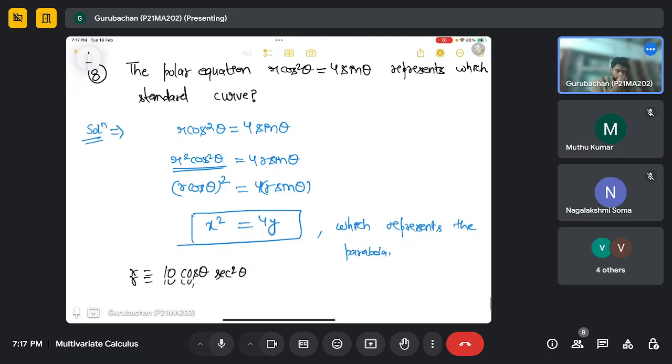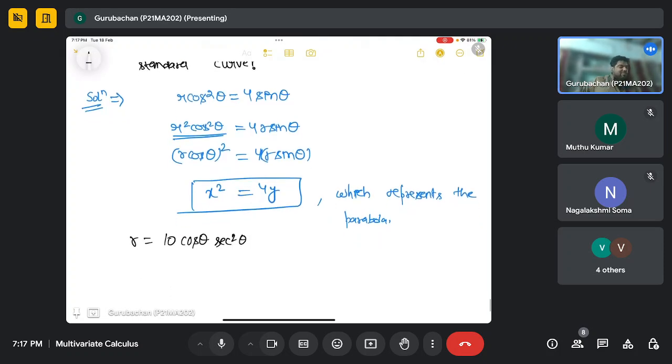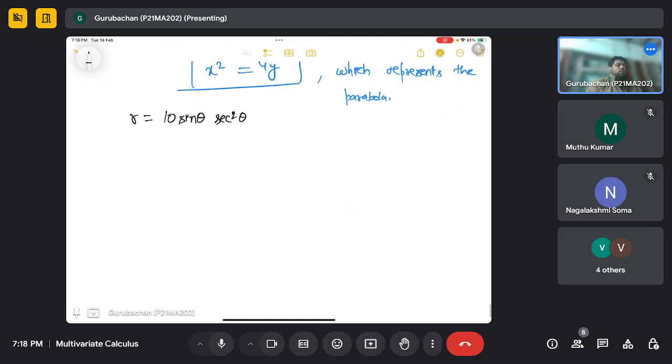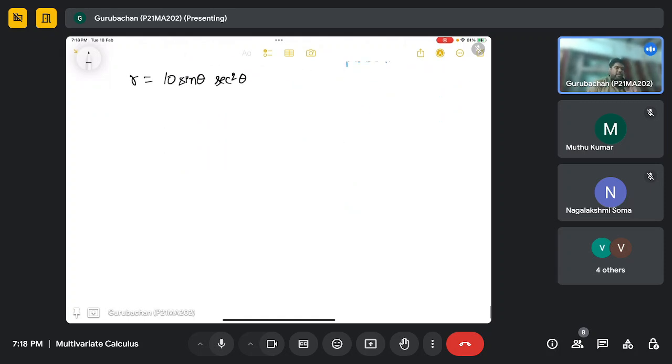Will it be representing any curve? In fact, here I should write some sin theta. So this was somewhat easy, like I have manipulated a letter only. So I hope this is quite straightforward to you also.